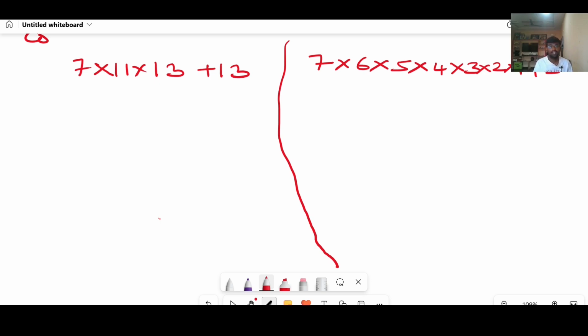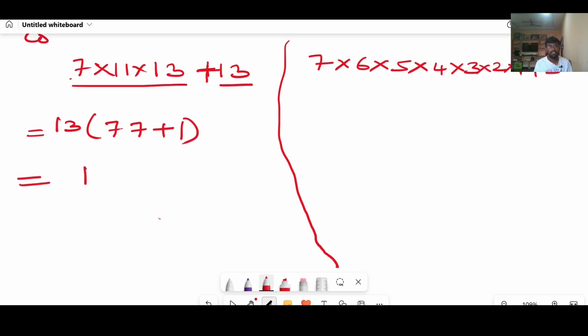I can take 13 as common between these two terms. If I take 13 as common, 7 into 11 is 77, plus, already we have taken 13 as common, we will be left with 1. So 13 into 78.